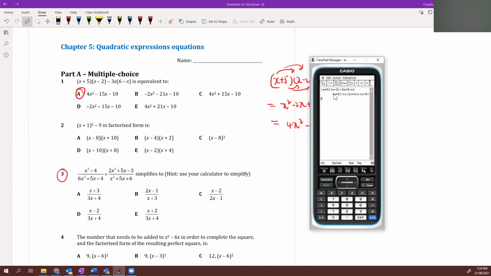All right, so that's the one. I clicked on EXE, which just turned it into maths form. You don't have to click on that. Once you've got this one, you highlight it. That's the one you had before. That's the maths form, but this is your original form. Maths form is turned into multiplication.